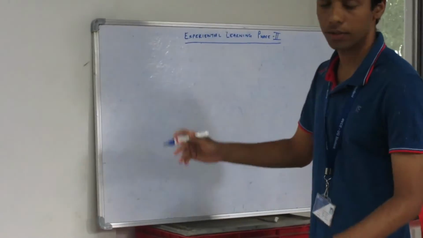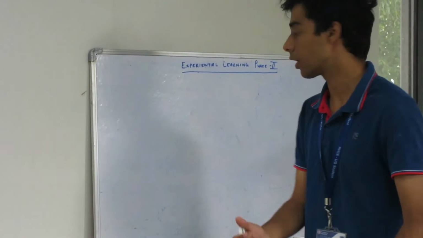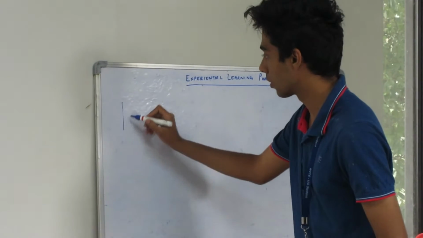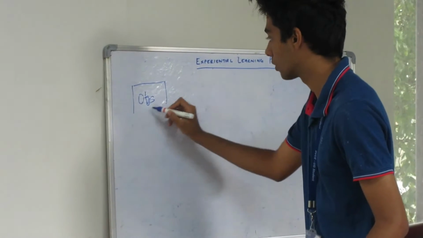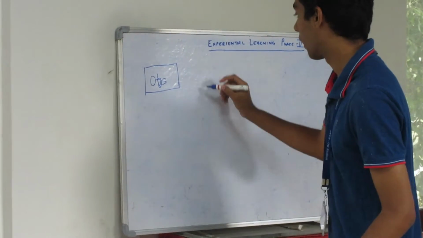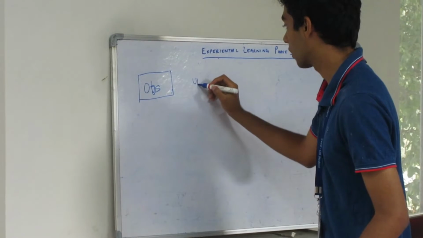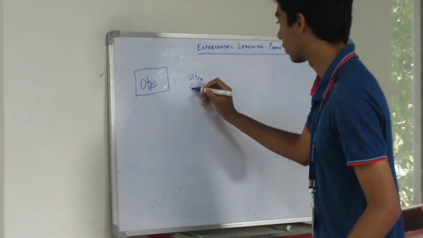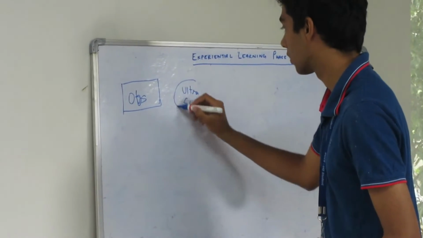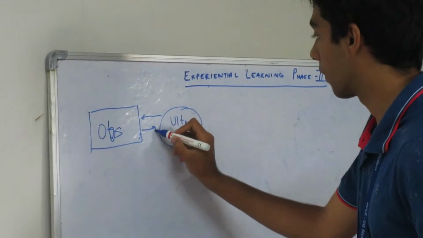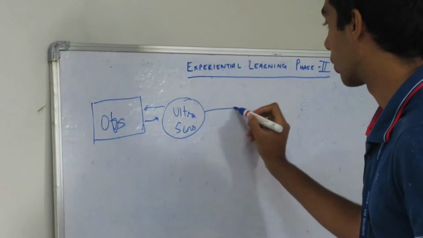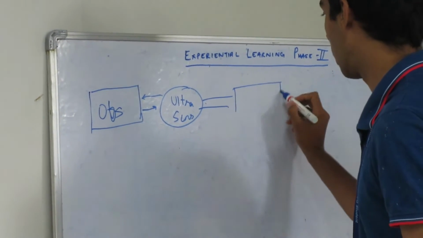So first, this is an obstacle detection system, right? So first we'll consider the obstacle themselves, where I'll represent using this block saying OBS. Now we have the ultrasonic sensor, which I will represent using ultrasense. And this will send a wave, receive a wave, and those two are transmitted to the Arduino.